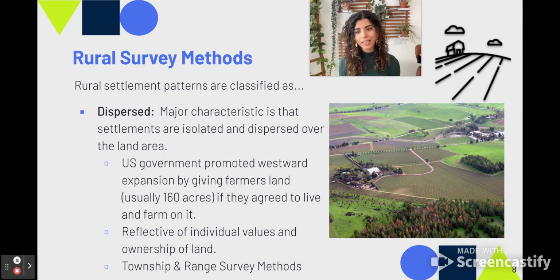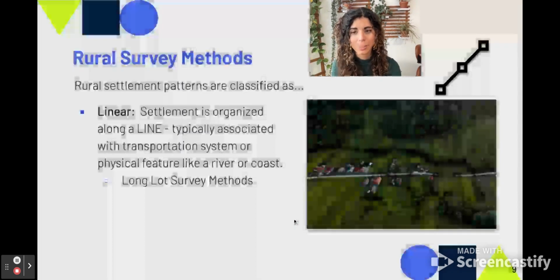The deal was that they would get about 160 acres of land for free as long as they lived on that land and farmed it and made it productive. That whole idea is definitely reflective and supports this notion of individual values and also the idea of ownership of land, as opposed to more of a communal idea surrounding land and resources. And this goes hand in hand with township and range survey methods as well.